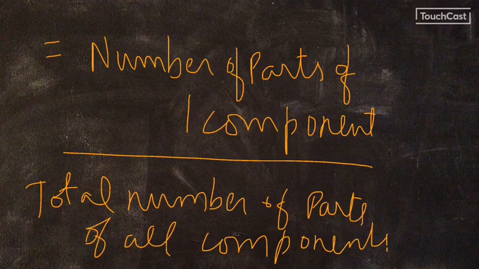Hope it's clear. Number of parts of one component divided by total number of parts of all components into 10 raised to 6. This is the calculation. Number of parts of one component or any component divided by total number of parts of all components in the solution into 10 raised to 6.